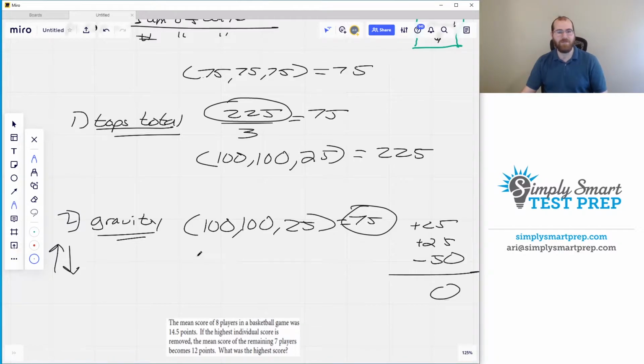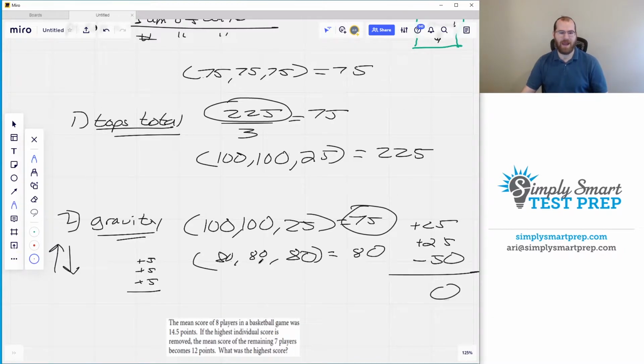Now this gravity method is going to be really, really helpful when it comes to changing the mean itself. So let's say instead of a mean of 75, I am changing it to, let's say, 80. Well, one way of doing that is just doing 80, 80, 80. And this will help demonstrate the point that I'm increasing each value by 5, plus 5, plus 5.